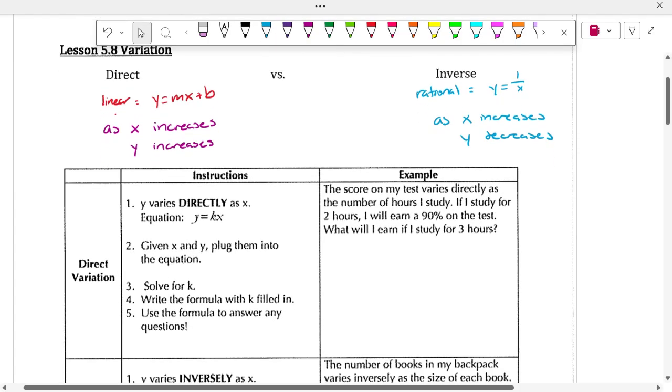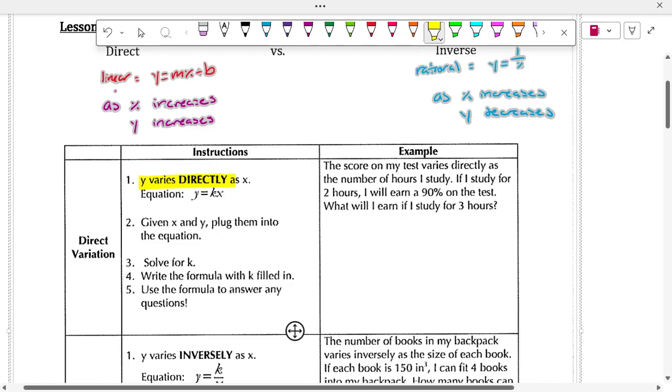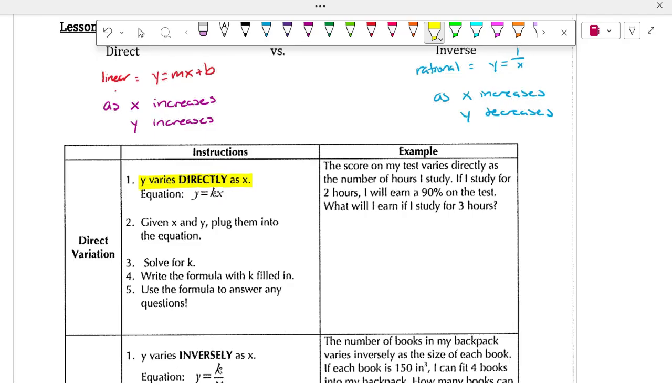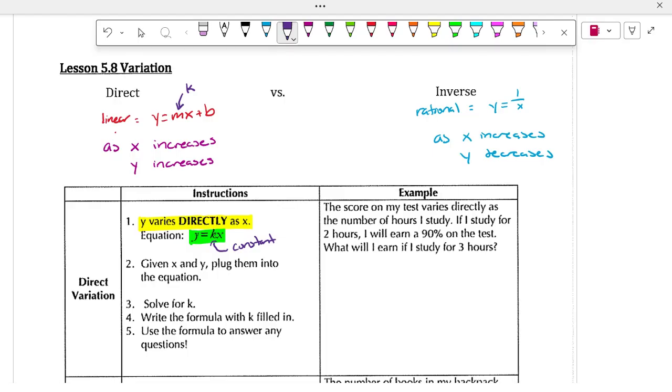So let's look at some of these. Typically, you'll see y varies directly as x, meaning you have this formula, y is equal to kx, where k is a constant. If you looked at the linear function, k would typically be your slope, and we're assuming that your b, or y-intercept, is equal to 0.